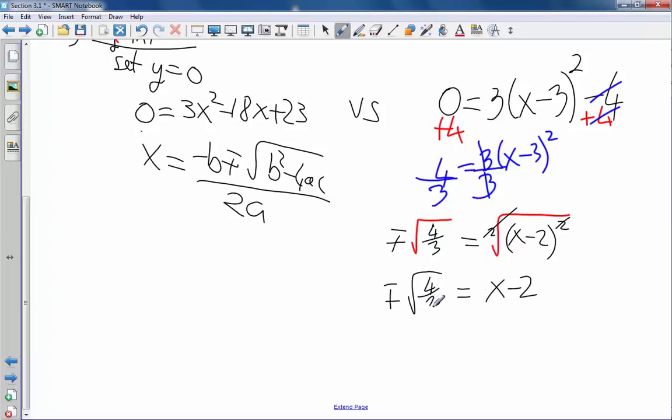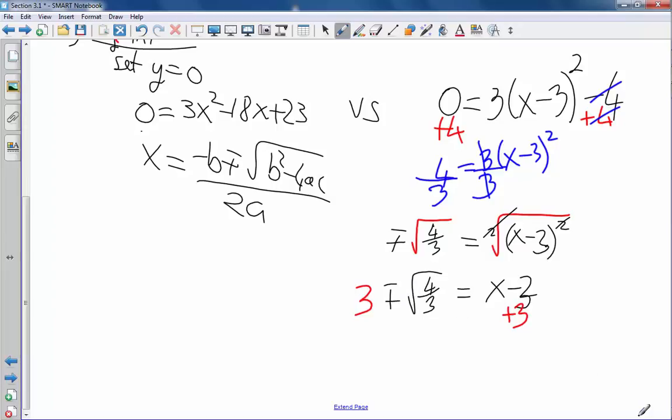root 4/3, and yeah, thank you. And we will add 3 to both sides, be done with this thing. Okay? 4 plus, you can take 4 out as 2 root 2 and 2 if you like.